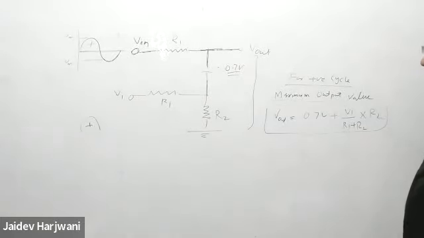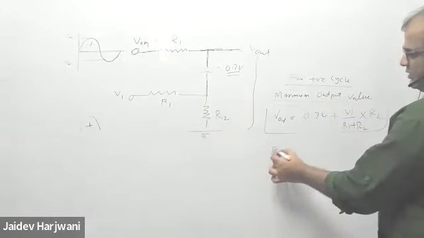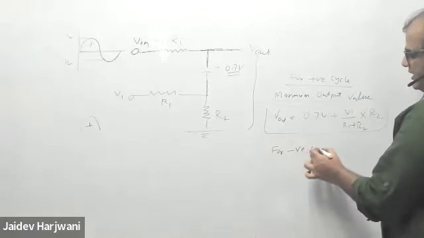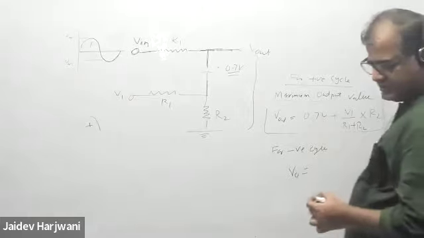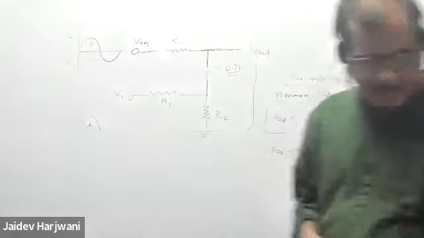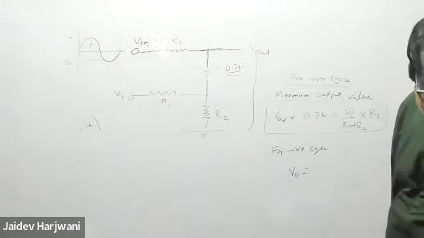And if I say my negative cycle, for negative cycle, tell me what is my V output? What is the value of V output for negative cycle? Can anyone tell me?